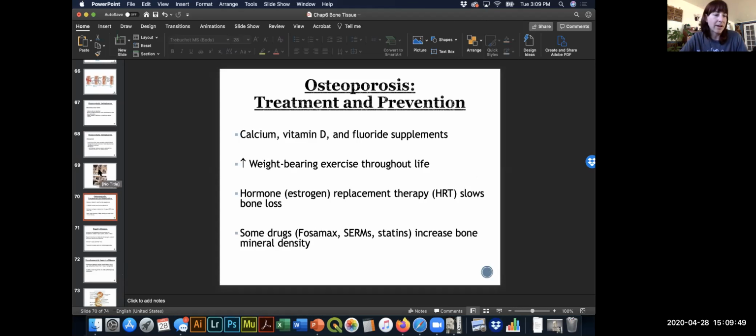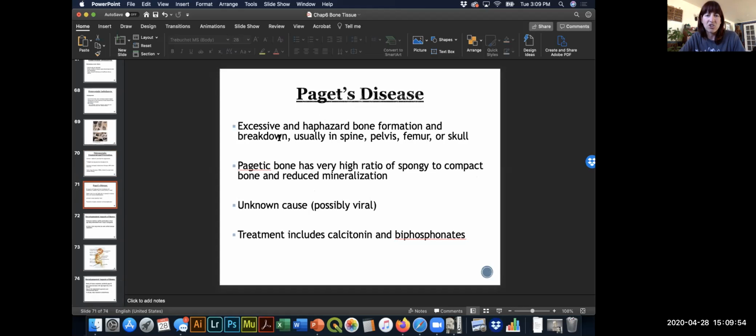And the last one was Paget's disease, which is when you have bony matrix being deposited haphazardly, or you have excessive breakdown that is localized in a particular bone group or a bone by itself.